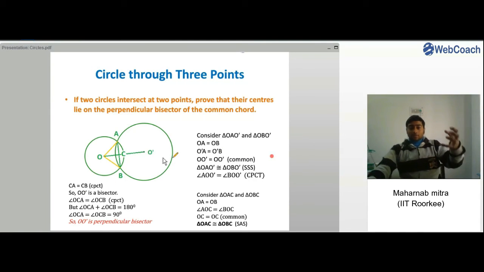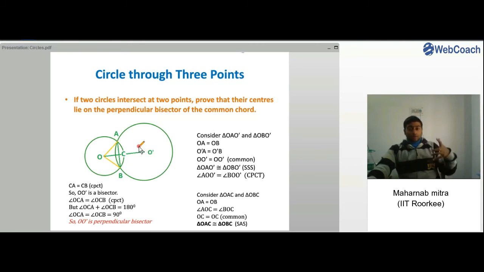And we have used this in the next proof, which showed that these two triangles are exactly alike, and from there we have found AC equals CB, or we have proved C as the midpoint, or OO prime, the line joining the centers, is actually bisecting the chord.